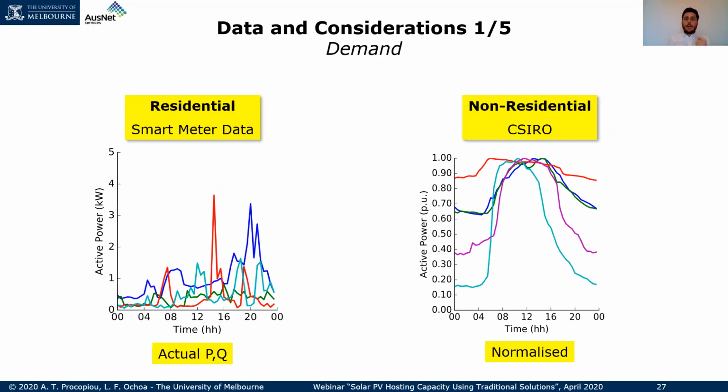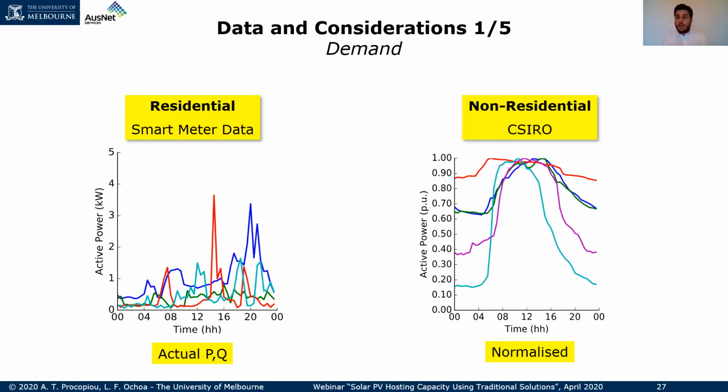Now, in terms of the data, in particular the demand information, in the high voltage feeders that we have for our simulations, we have two types of customers. We have residential customers, which is the majority of our demand, and we also have non-residential customers, which range from hospitals, malls, small offices, etc. To model the residential demand, we are using real, anonymized smart meter data provided by AusNet Services.